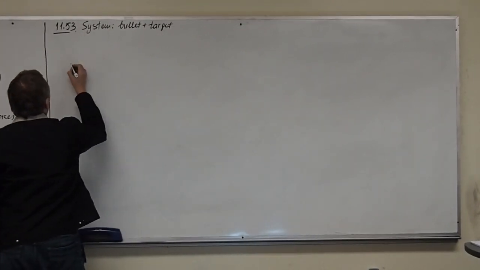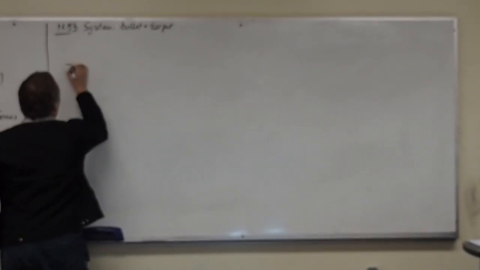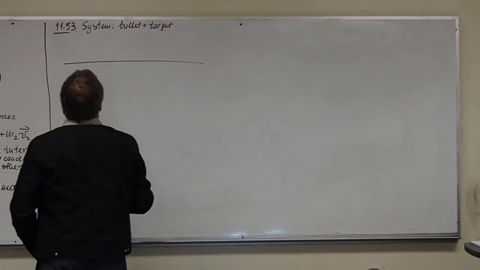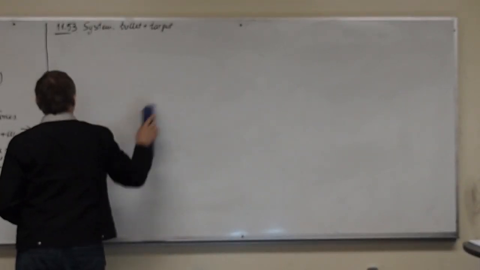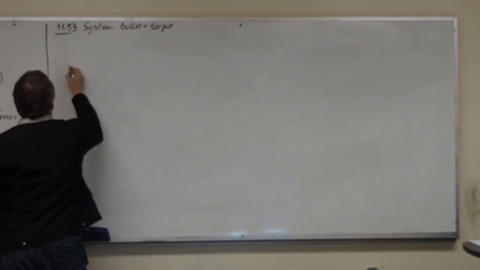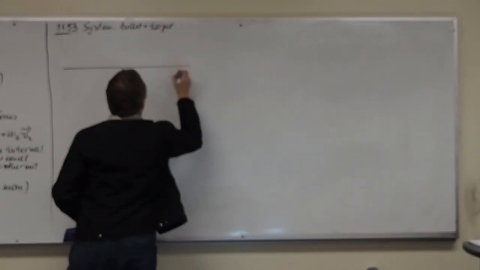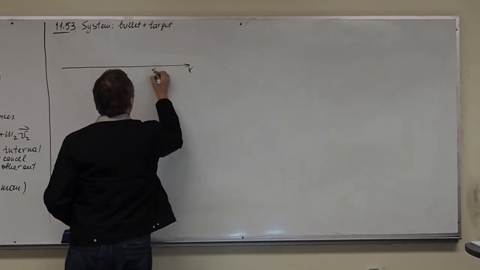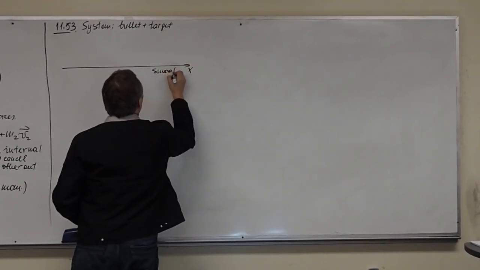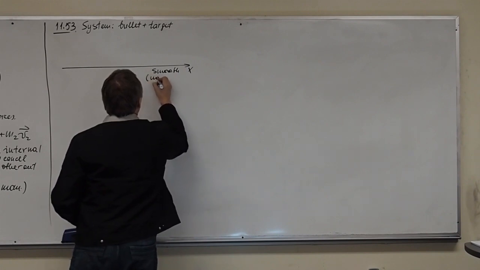So let me draw this situation. Let me draw better. This is my horizontal surface, x, which is smooth, so no friction.